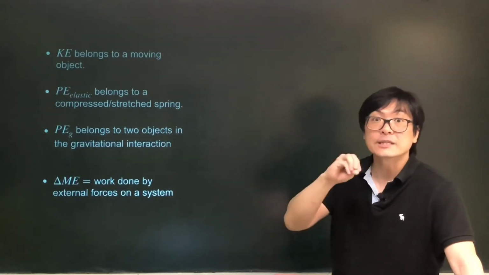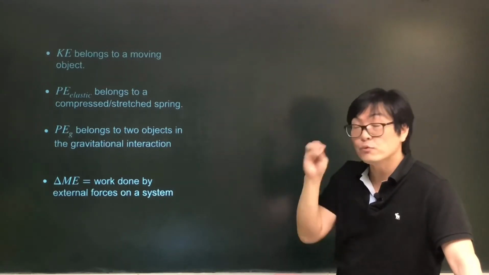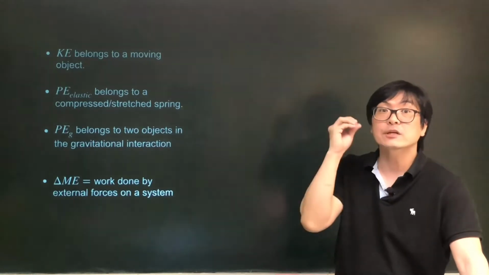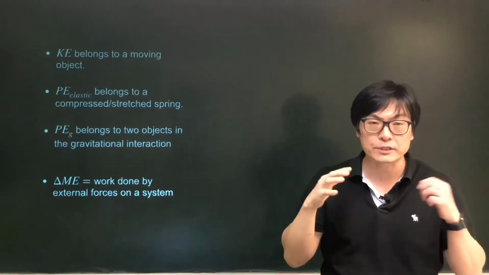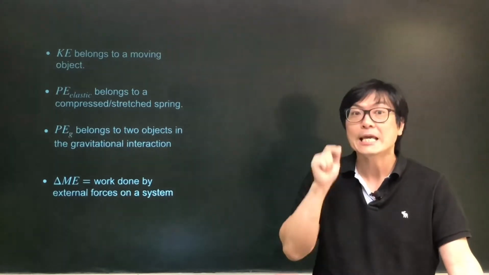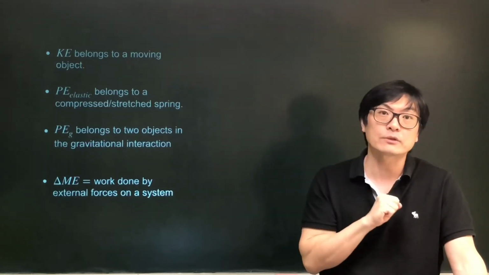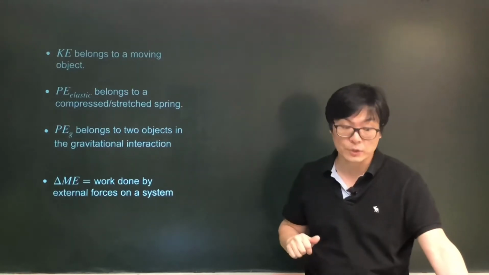If the Earth is not in your system, then we don't have gravitational force in our system. So we consider gravitational potential energy as part of the total mechanical energy only if the Earth is also part of our system. Keep that in mind, and that is a key of this question as well.